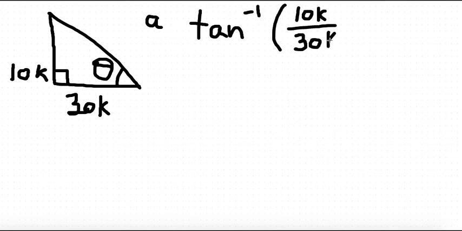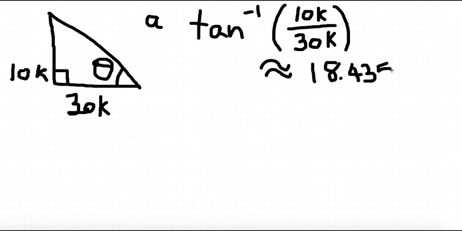You use the tangent inverse to find the angle measurement, and so you put the opposite side length, which is 10,000, over the adjacent side length, which is 30,000, and when you put that into your calculator, it comes to approximately 18.435 degrees. That is how you solve for angle theta.